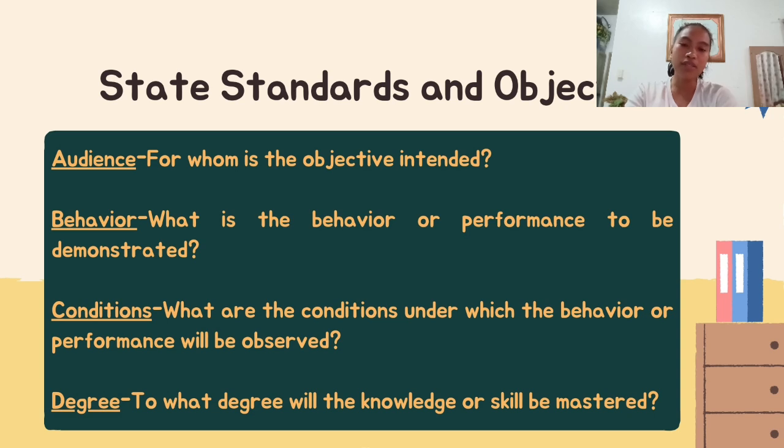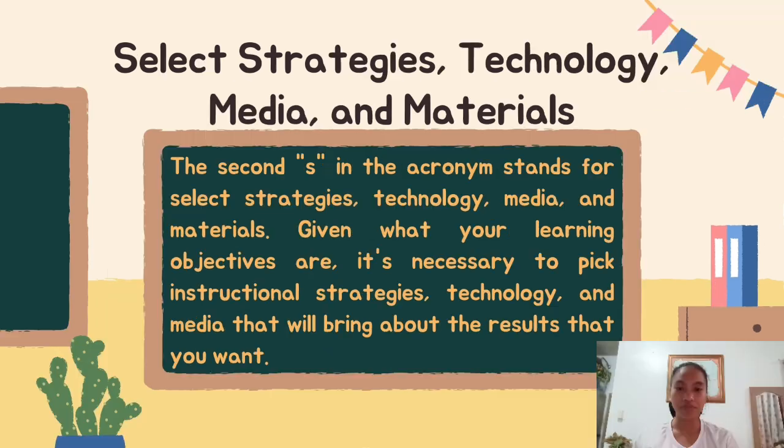Again, fourth grade students, my audience, will solve two-digit multiplication problems, which is the behavior, using paper and pencil, the condition, and the degree is 90% accuracy. All right. Of course, by following these four elements, teachers can create precise, measurable objectives that guide both instruction and the assessment.